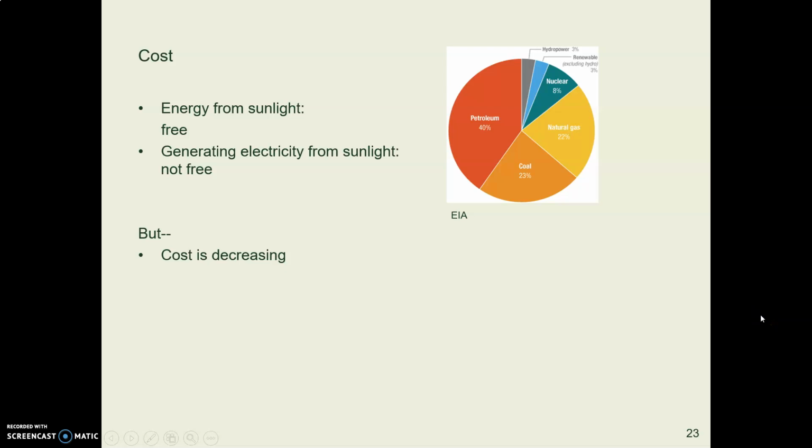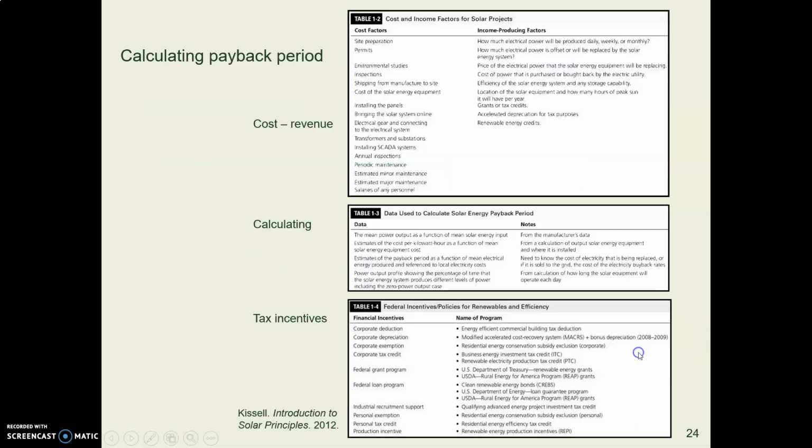So, the cost. The cost of generating electricity with these PV cells: generating it is free, sunlight is free, buying the setup is not free, but these are becoming so much more common nowadays that the cost is falling rapidly. Here's a table about calculating the payback period.